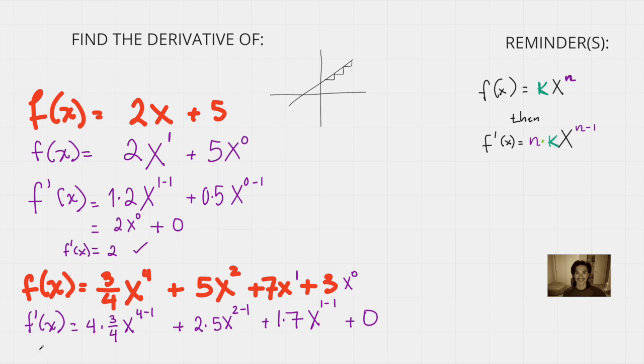To simplify this, f prime of x would equal, here the 4 would cancel with the 4, so we'll get 3, x to the power of 4 minus 1, which is 3, plus 2 times 5 is 10, x to the power of 1, because 2 minus 1 is 1, but we're just going to write x, plus here it will just become a constant because 1 minus 1 is 0, so x to the 0 is 1, and 1 times 7 is just 7, and then you're adding 0, so I'm not going to write that.